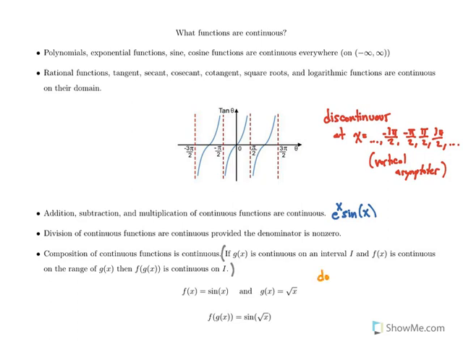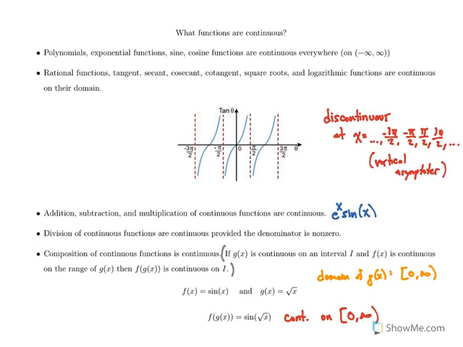The domain of the inside function is 0 to infinity, including 0. That's the domain of a square root function. So that means that sine of square root of x is not continuous everywhere. It is only continuous, which we sometimes call CONT with a period, continuous on the interval 0 to infinity only.